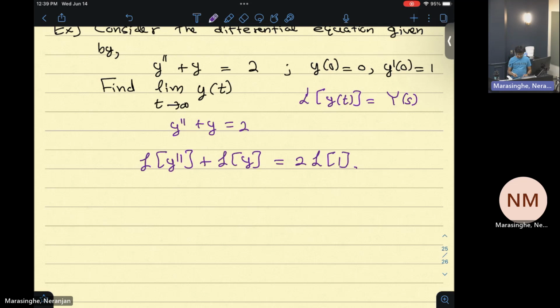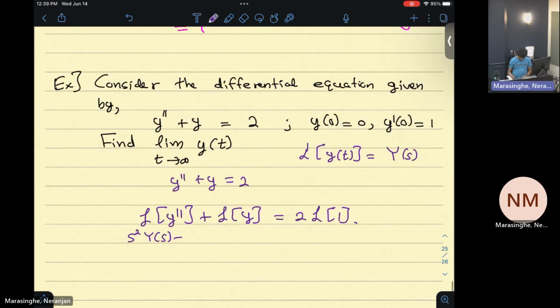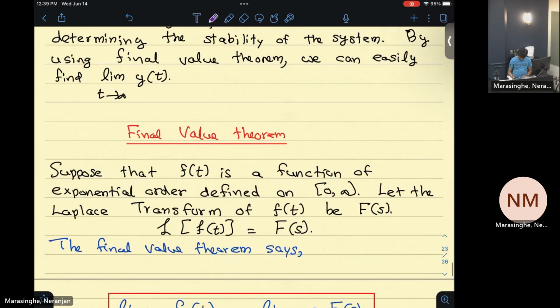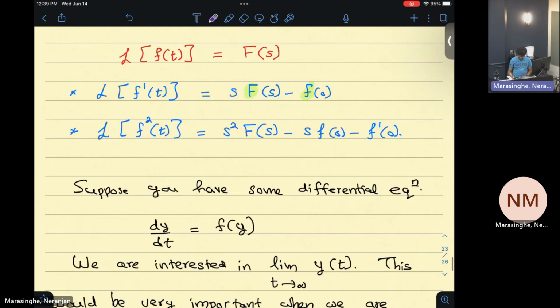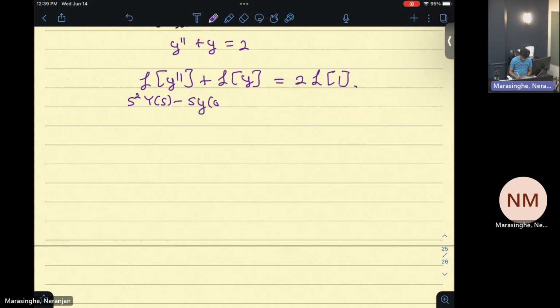What is that expression? It is s squared Y(s) minus s times y(0) minus y dash (0), equal to 2 times the Laplace transform of 1, which is 1 divided by s.